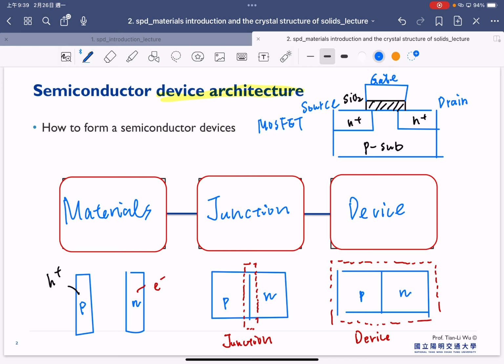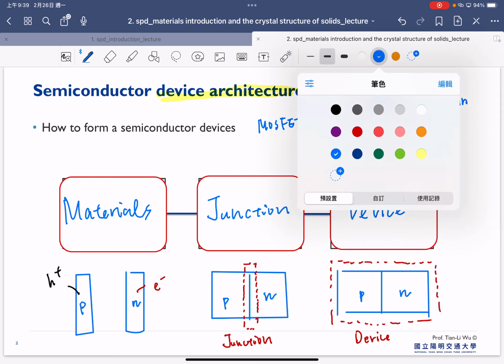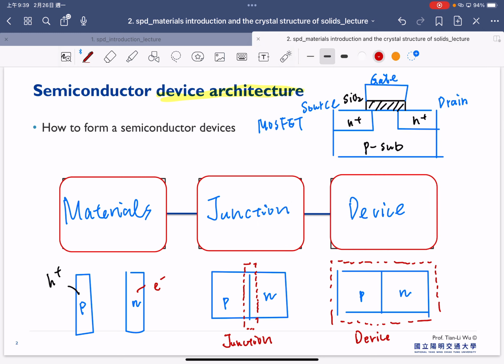If we look at a little more detail of the structure of the MOSFET, you can also find that the PN junction already exists in the MOSFET structure, which is here. In this place, you have the interface between the N and P region.